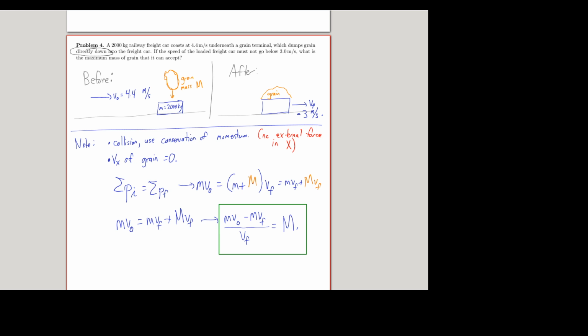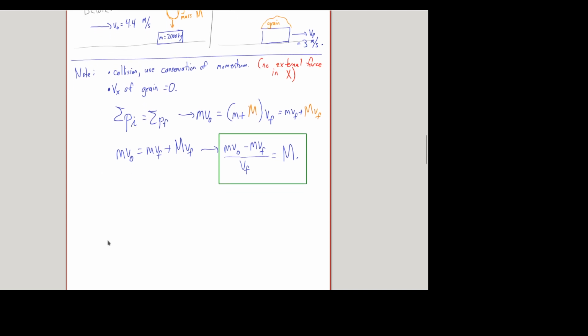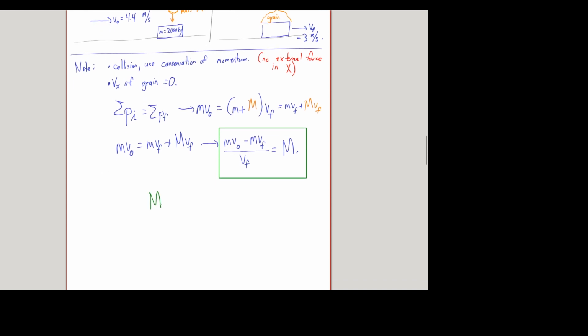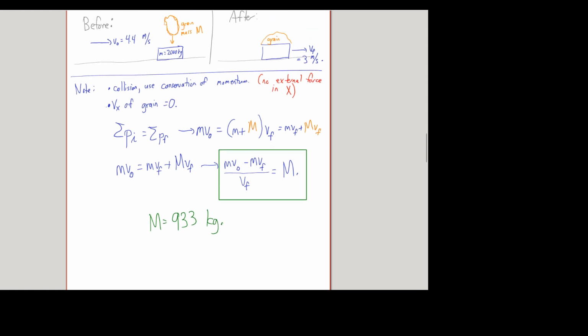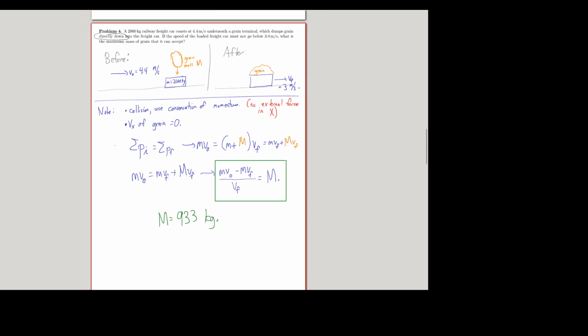I have 2,000 kilograms times initial velocity of 4.4 meters per second minus 2,000 kilograms times 3.0 meters per second, all of this divided by 3.0 meters per second. And I get that big M is 933 kilograms. So this problem was just straightforward conservation of momentum in one dimension.